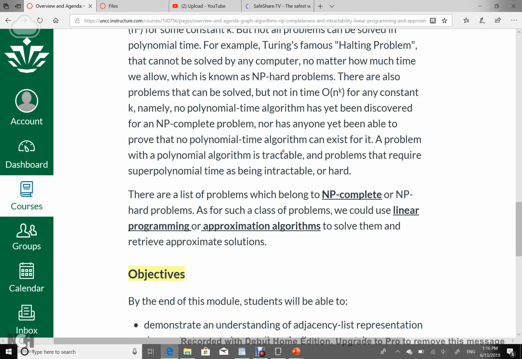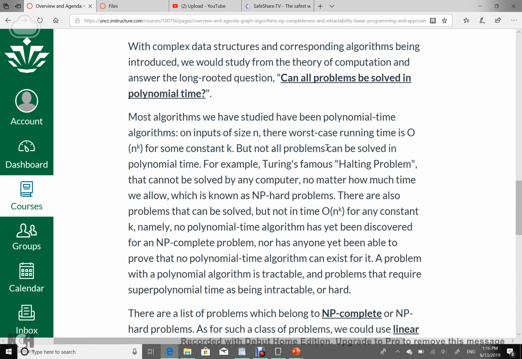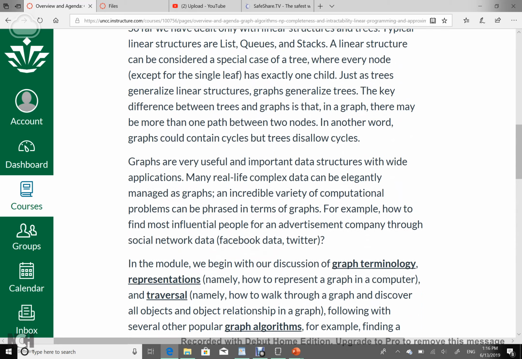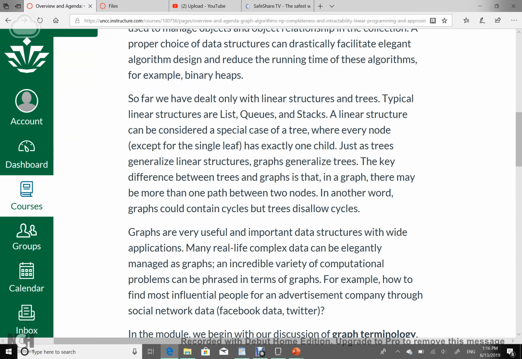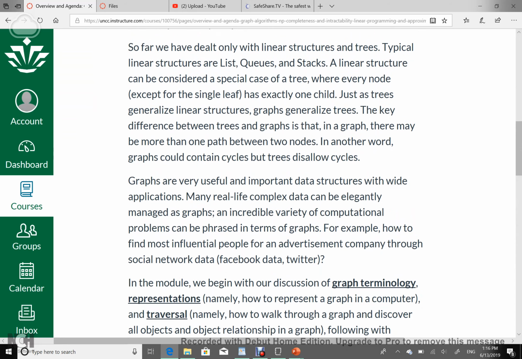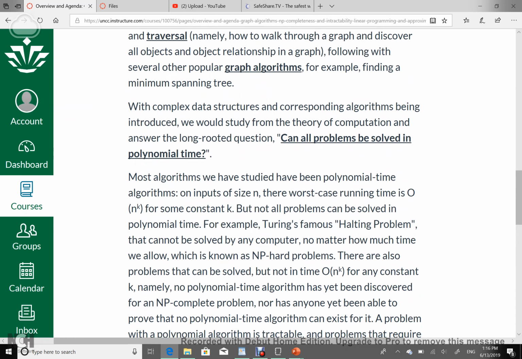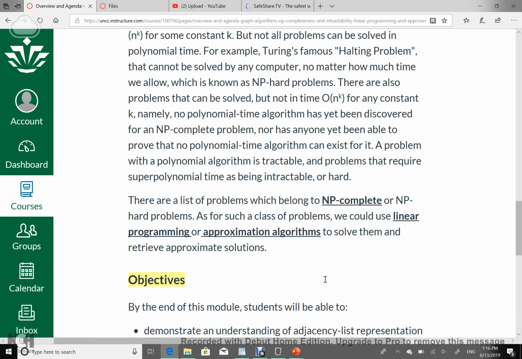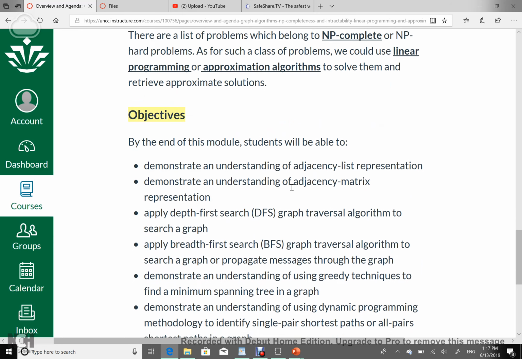This is the reason we packed all these topics together. We want to take a look at an advanced data structure, graphs, and check typical algorithms on graphs. We also want to check whether a problem on a graph or any other kind of problem is intractable or tractable. If it's intractable, we want to solve it through linear programming or approximation algorithms.